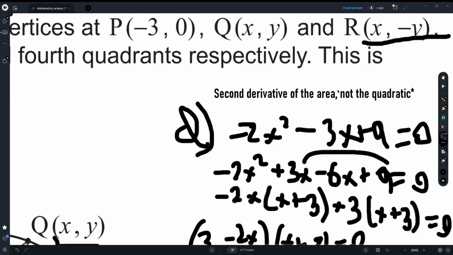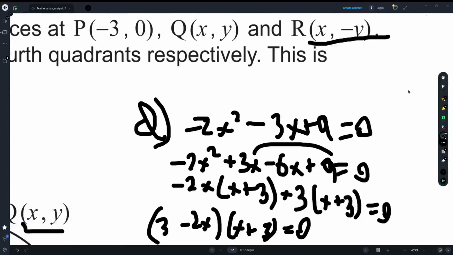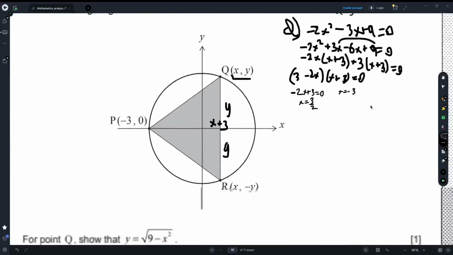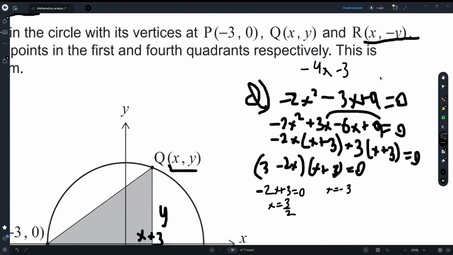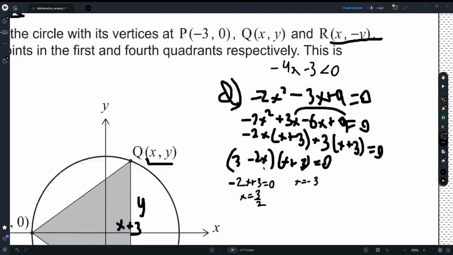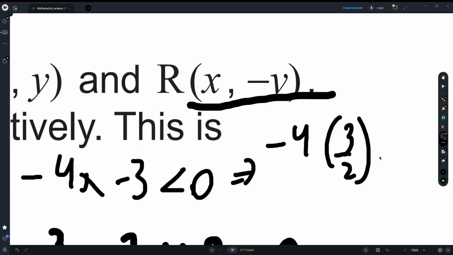So the second derivative of this function right here is minus 4x by the power rule minus 3. And we want this to be less than 0. For x equals 3 over 2, minus 4 times 3 over 2, minus 3.